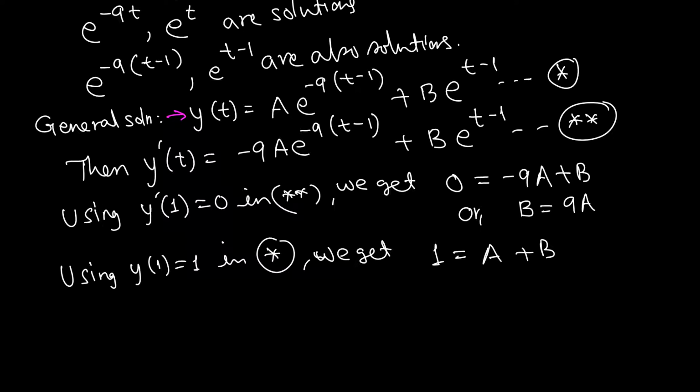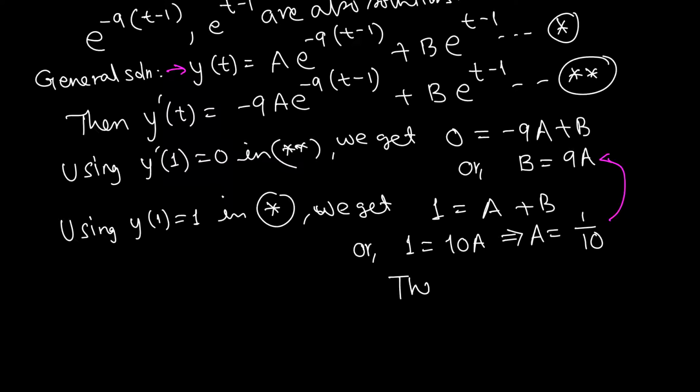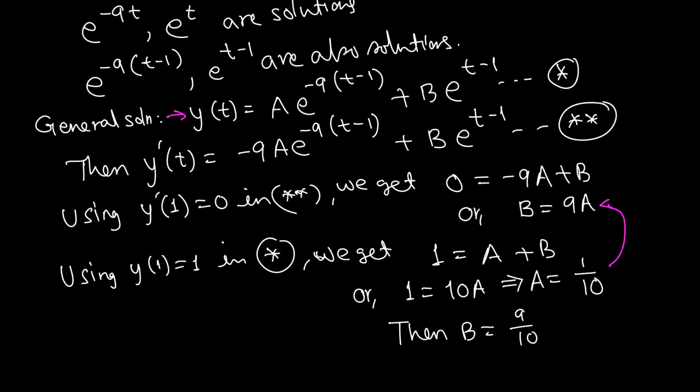Now I can use b equals 9a from the previous line: 1 equals a plus 9a, which is 10a, so a equals 1 over 10. Now if we plug this back, we get b equals 9 times a, 9 times 1 over 10, so 9 over 10. So we have a and b, and we go back to the star and write down the final answer.